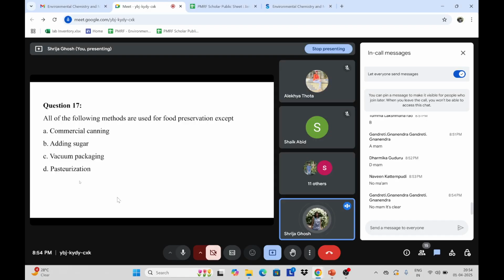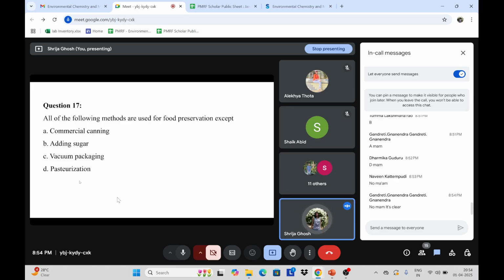All of the following methods are used for food preservation except option A, commercial canning, option B, adding sugar, option C, vacuum packaging, and option D, pasteurization. All of the methods are used for food preservation except.